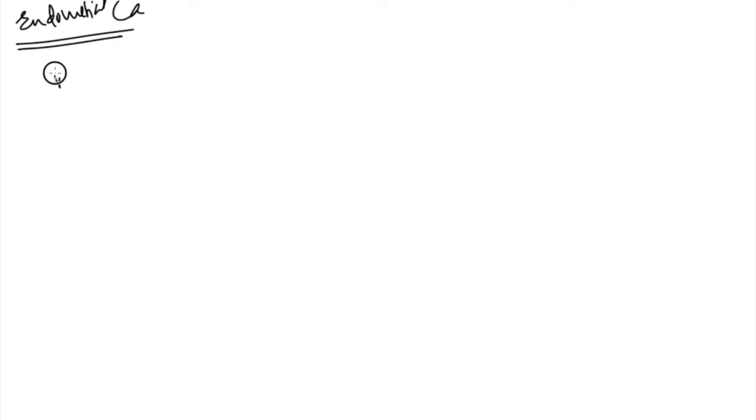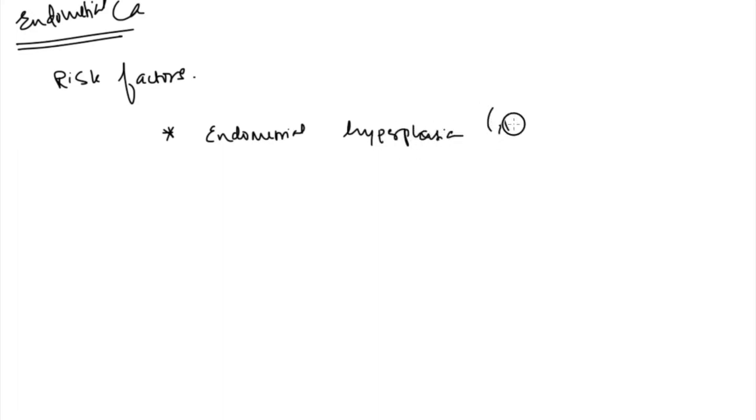So the risk factors will remain the same, but we'll have to include one extra point, that would be endometrial hyperplasia. What kind of endometrial hyperplasia? Atypical. Okay, right. So these are the risk factors for endometrial carcinoma.